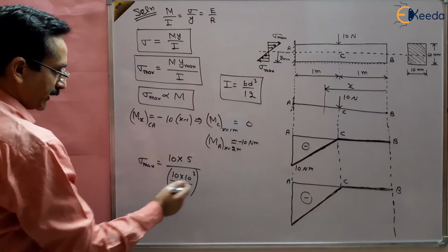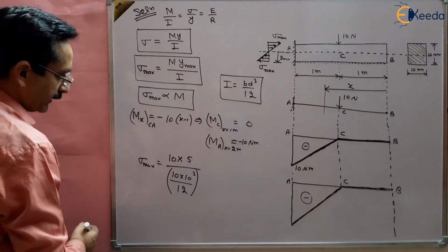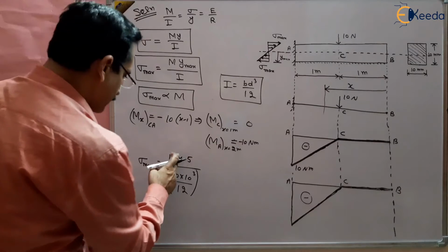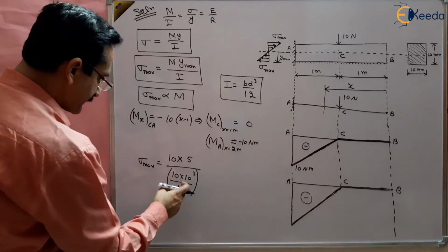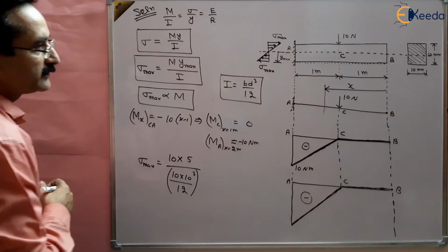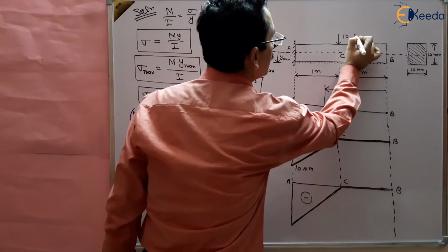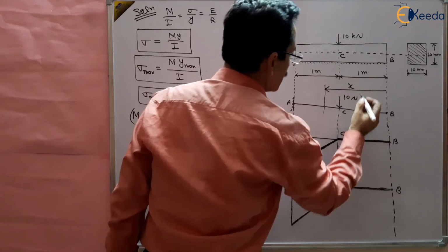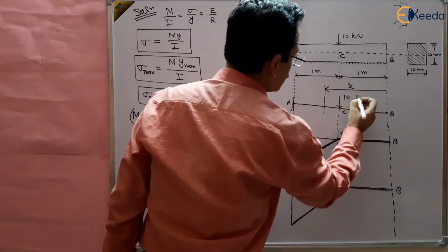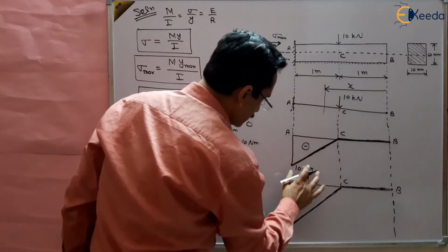Solve it and you will get, 10 to 10 cancel, this is 60. Actually this should be kilonewton because there is some mistake in this question. It should be kilonewton, so that proper answer can be obtained, right?